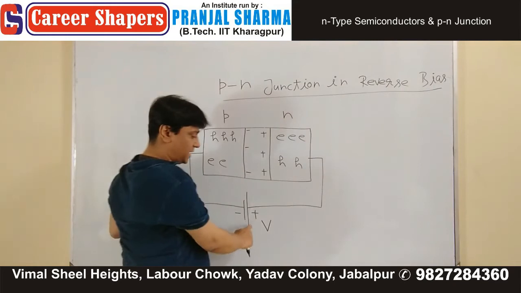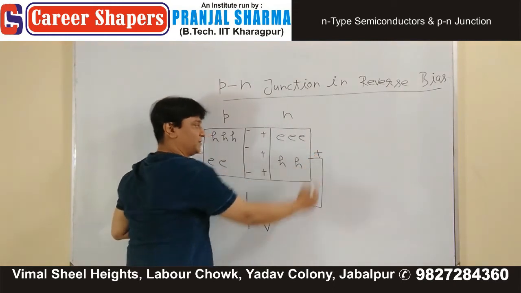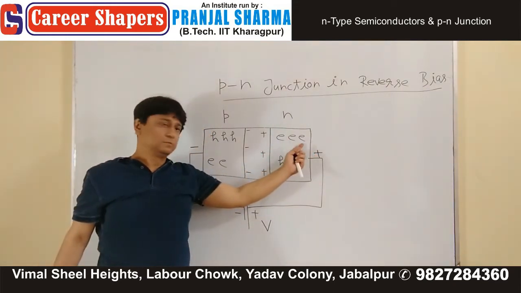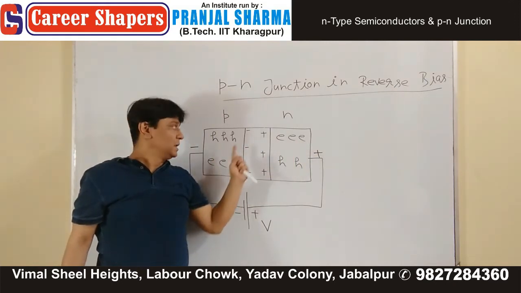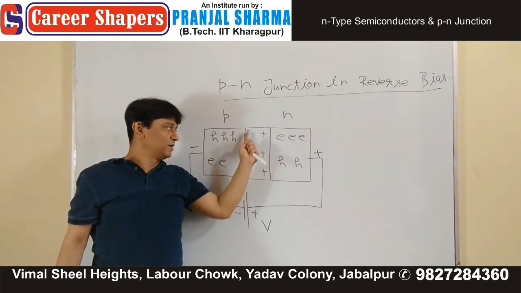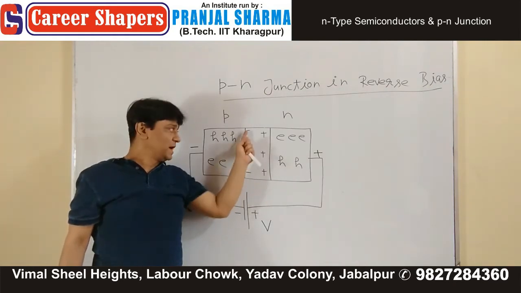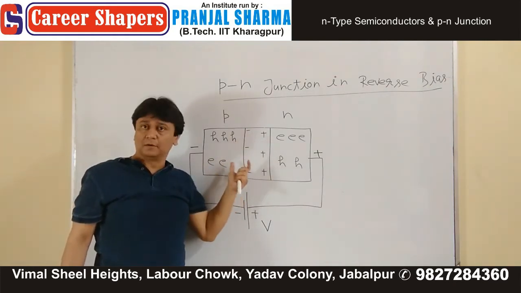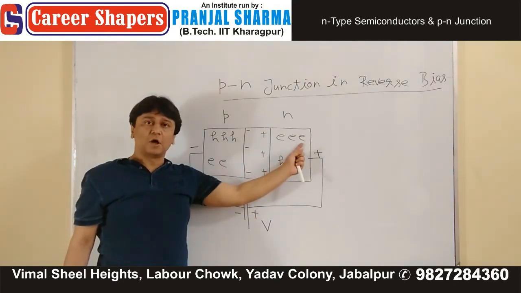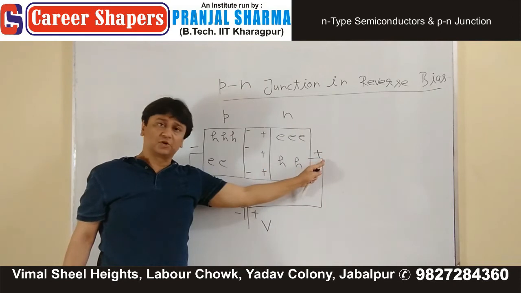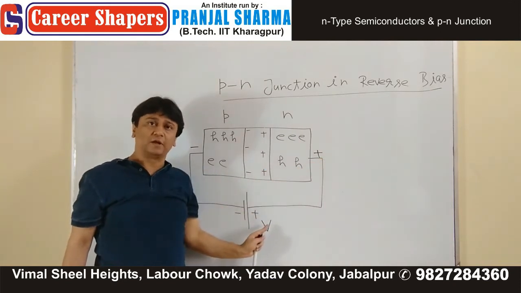Similarly, this side is positive. This electron wants to go and diffuse to this side, is being repelled by the negative charge present at the depletion layer at the junction boundary, but this electron is now being pulled in this direction by the positive terminal of the battery.